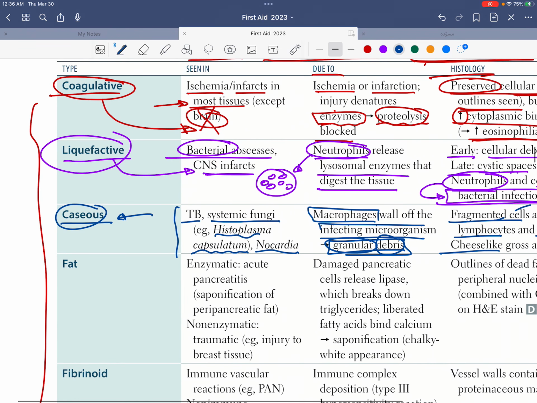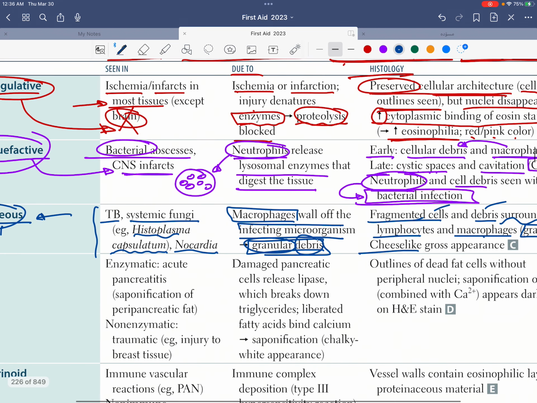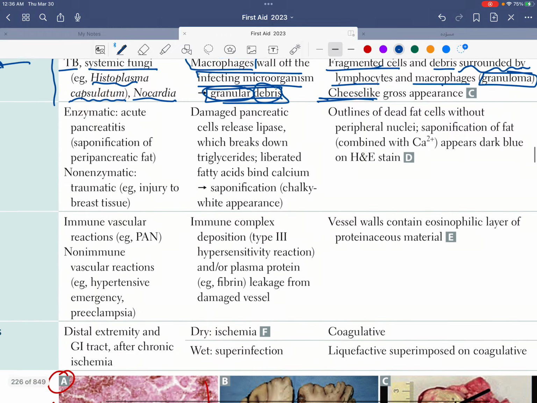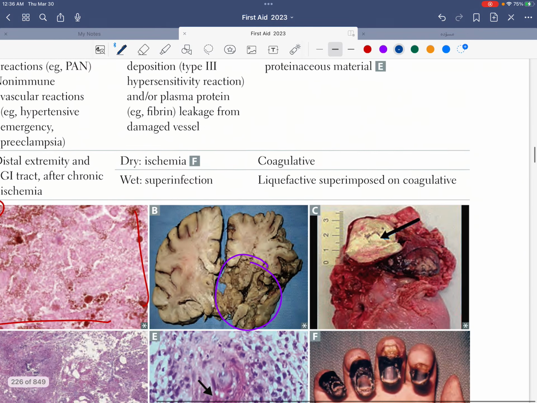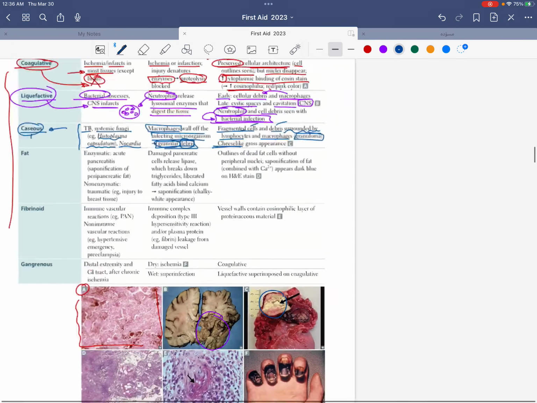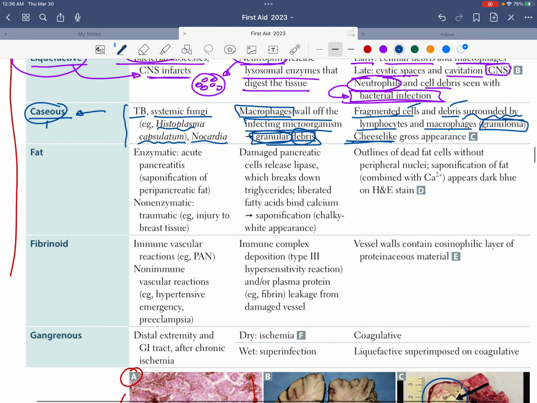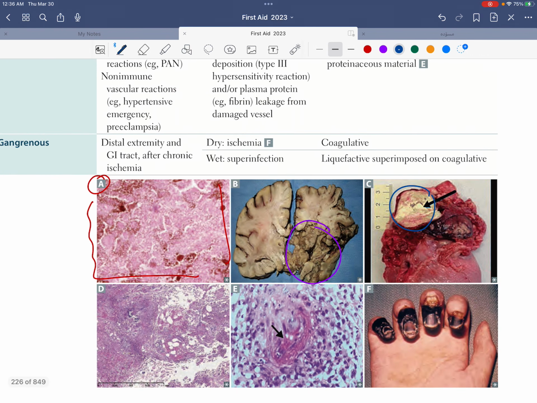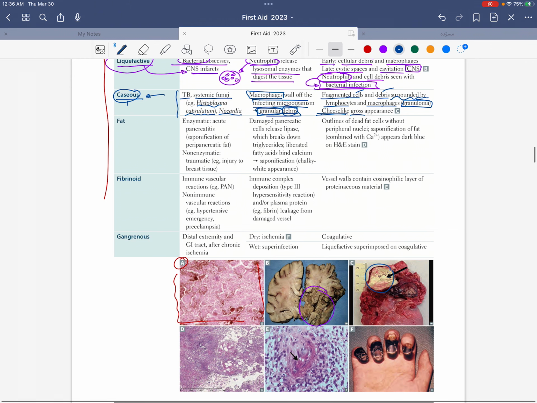So yeah, the name kind of looks similar: caseous, cheese-like gross appearance. For the appearance, it's as in C, and there you go, kind of looking like cheese. That's for gross appearance, like when you look with the naked eye.